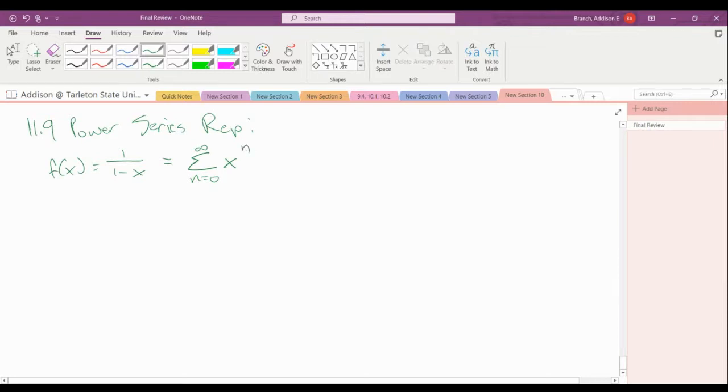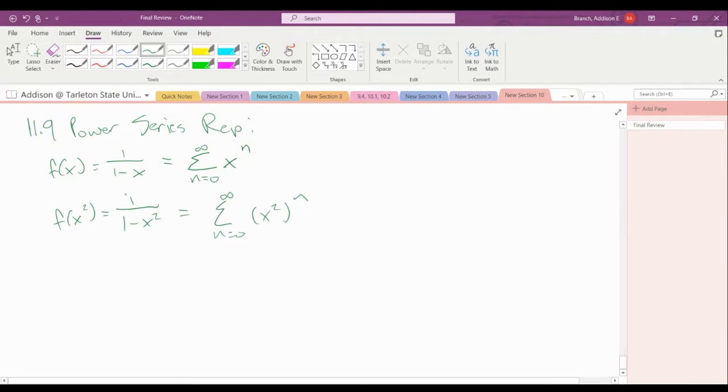But we can also treat this almost like a u sub or something along those lines. If we had, let's say, f of x squared equal to 1 over 1 minus x squared, that would be equal to just plugging in x squared to the n.